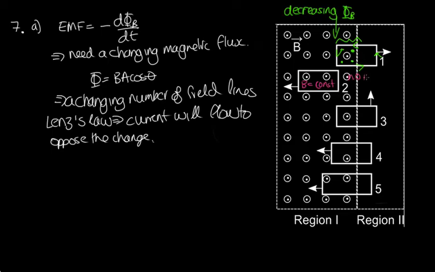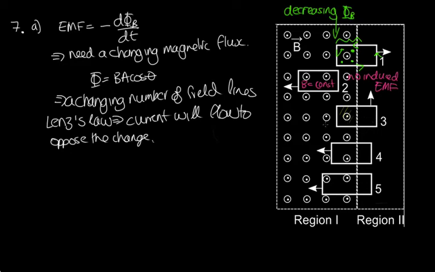So no induced EMF. Okay, loop 3 here, we'll do this one in yellow. As this one moves up, we've still got the same number of magnetic field lines going through it, because half of it is in the magnetic field, half of it is not.